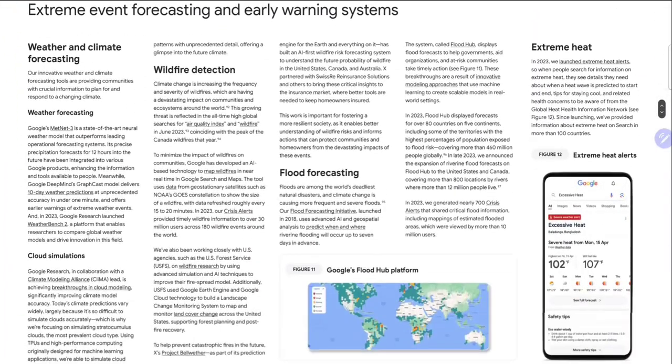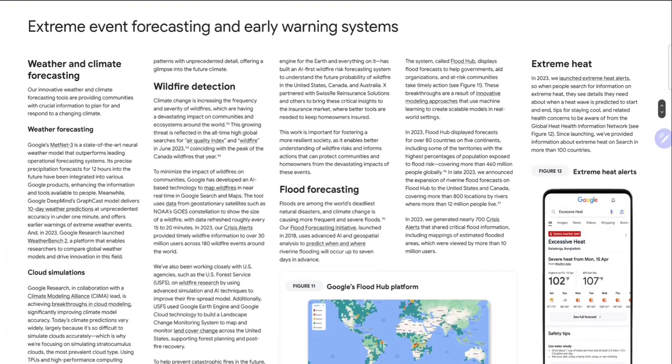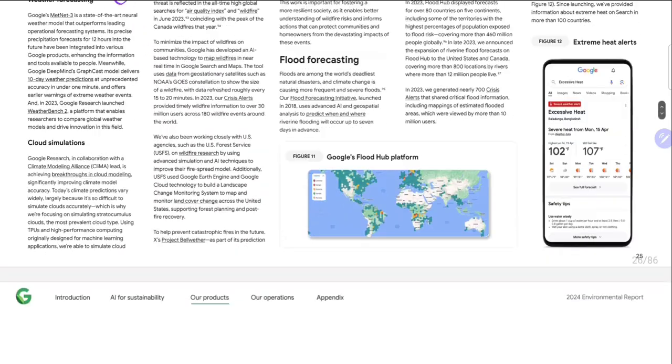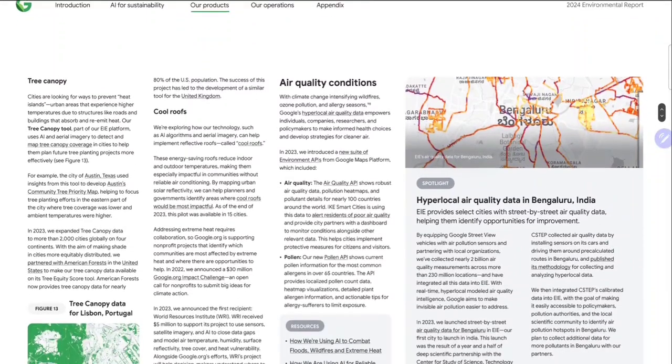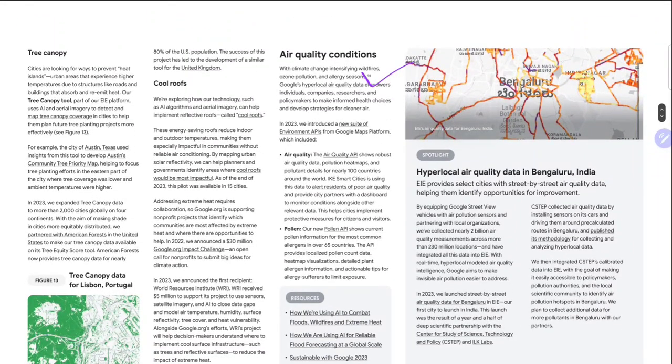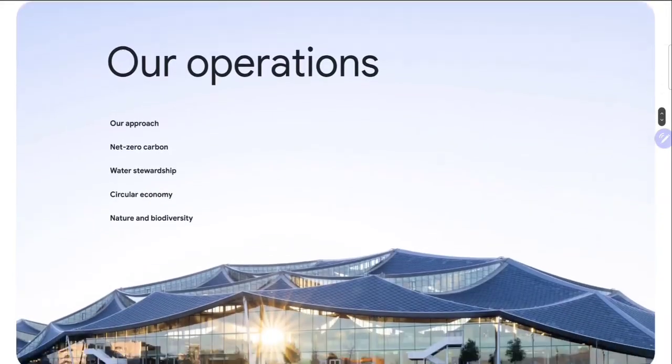So this information is available. Extreme event forecasting and early warning systems, certain details related to their management actions or strategic actions, what ideas were implemented. Air quality conditions, hyperlocal air quality data in Bangalore, India, that information is available. Cool roofs, school roofs, and tree canopies, like you see here.